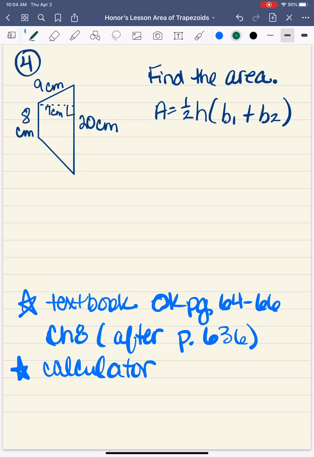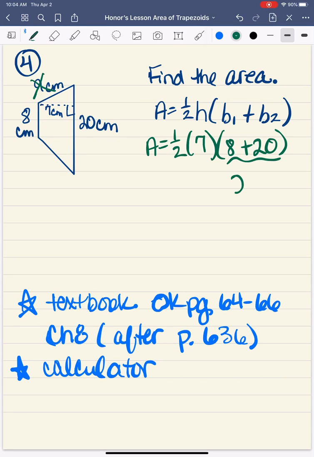Okay, one more example, example 4. Go ahead and determine which 3 numbers we're going to use. Okay, we will not be using the 9. So 1/2 the height is the 7, and then our base 1 and base 2 are 8 and 20.